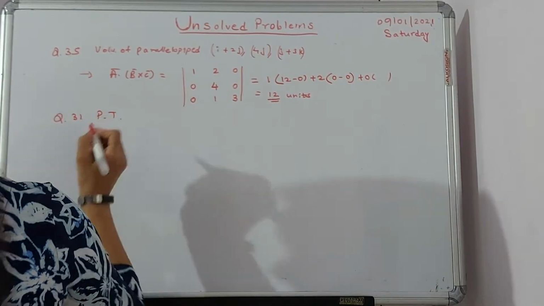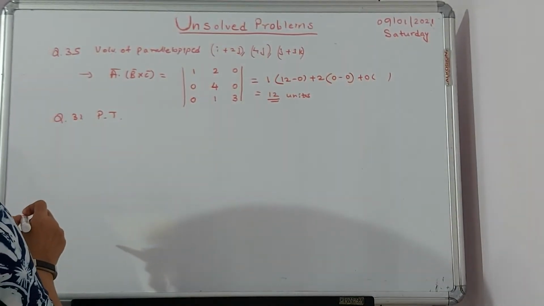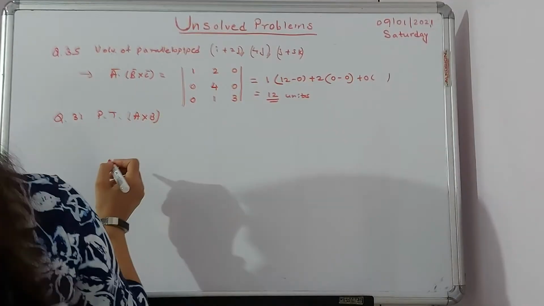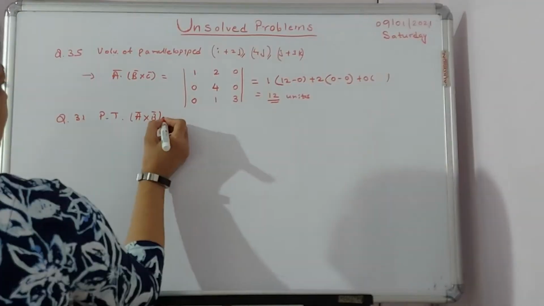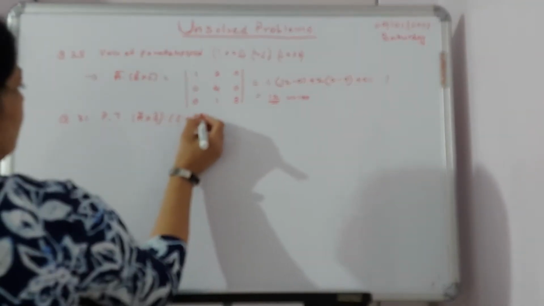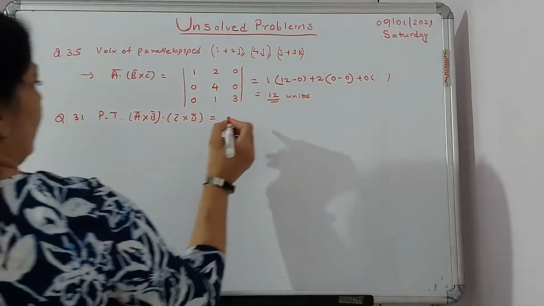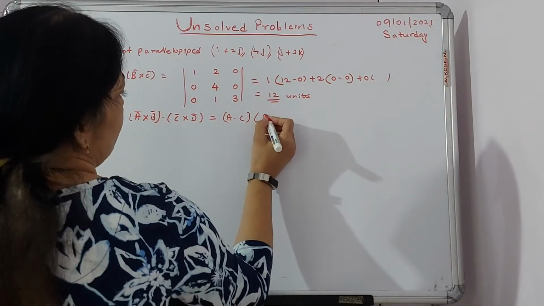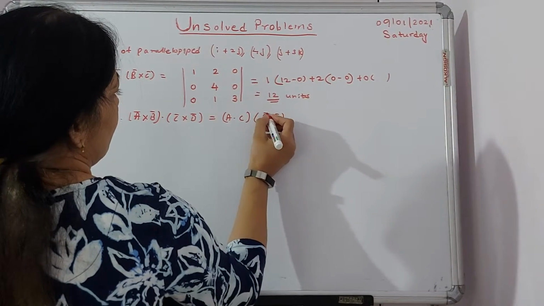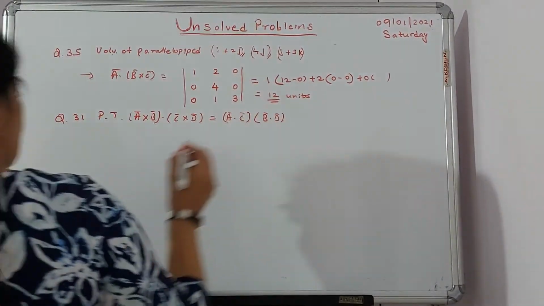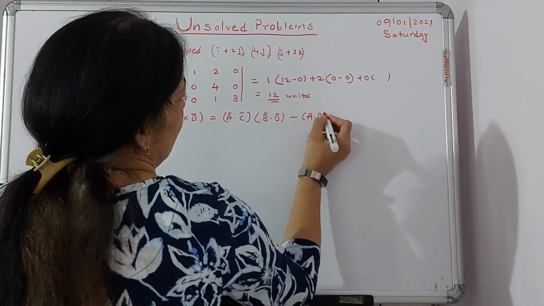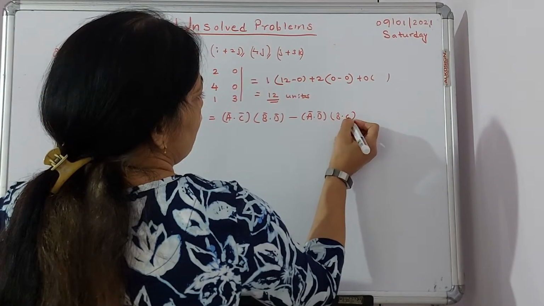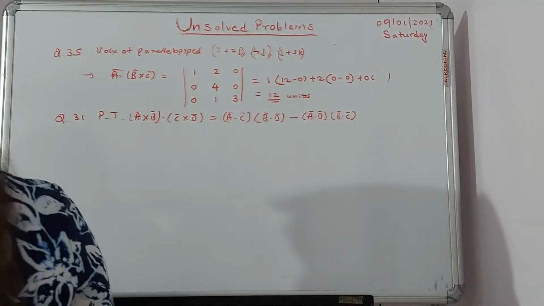Prove that A cross B dot C cross D is equal to A dot C times B dot D minus A dot D times B dot C. This we have to show or prove, right?